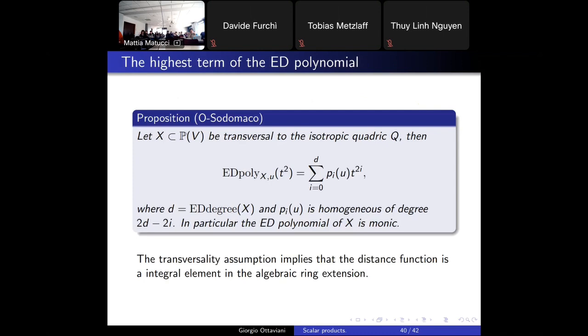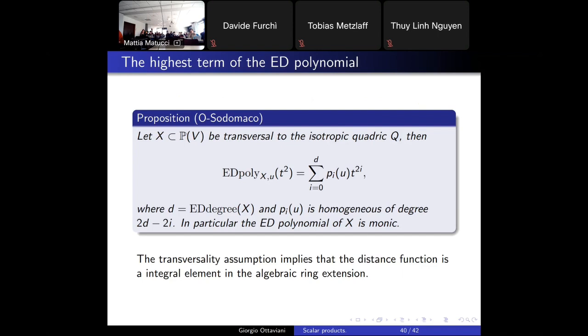Remember that if you have transversality, which is a general assumption, then the ED polynomial has a nice behavior, in the sense of what is new: that Pi is homogeneous exactly of the complementary degree to t.